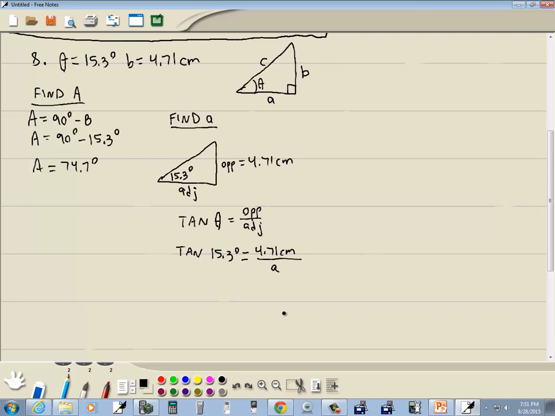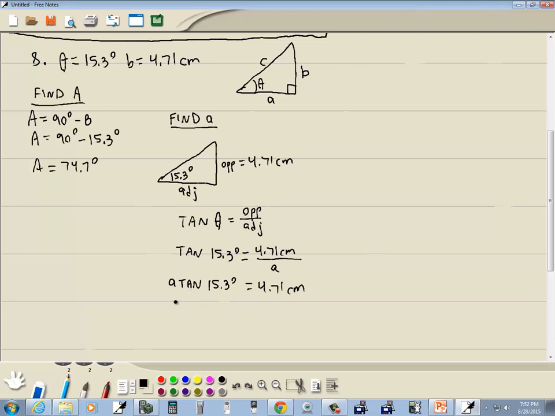Now we want to solve for A. So we want to multiply both sides by A. So I'll take A times tangent. So we got A tangent 15.3 degrees is equal to 4.71 centimeters.